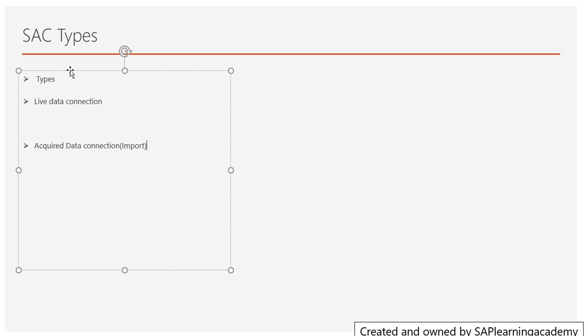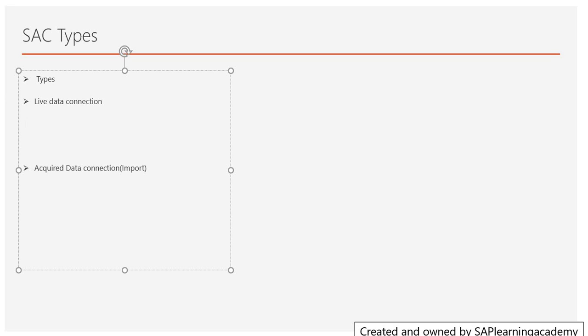So let me tell you the basic features of the live connection and the acquired data connection. Both these connection types are available for cloud and on-premise data sources.